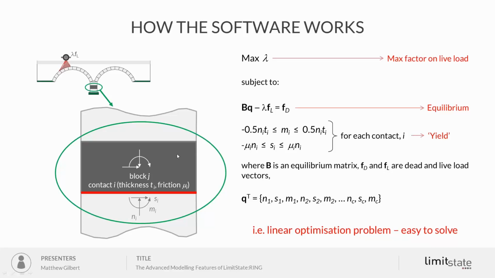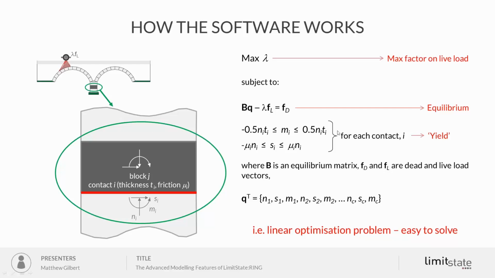So equilibrium, basically we look at each and every one of the blocks making up the masonry bridge. So for example, the grey block that's identified in the green ellipse, and we look at equilibrium in the horizontal direction, the vertical direction, and in the rotational sense, and we just make sure that that is satisfied everywhere.